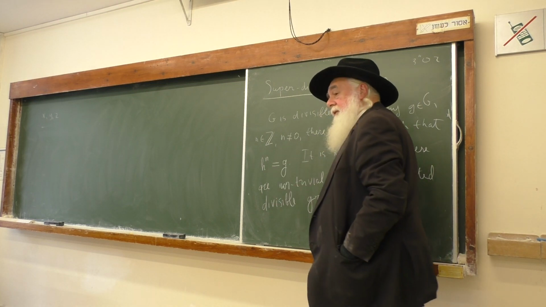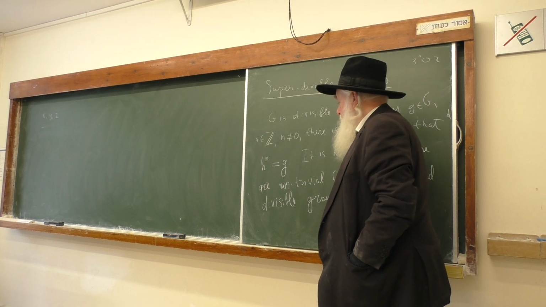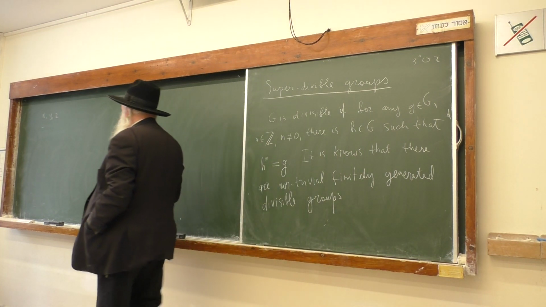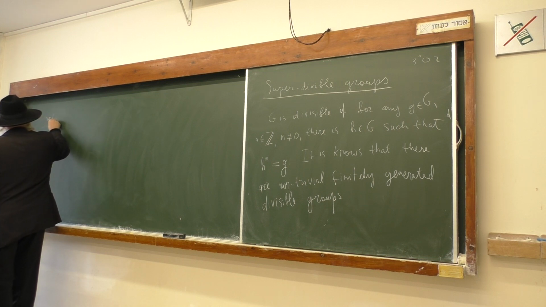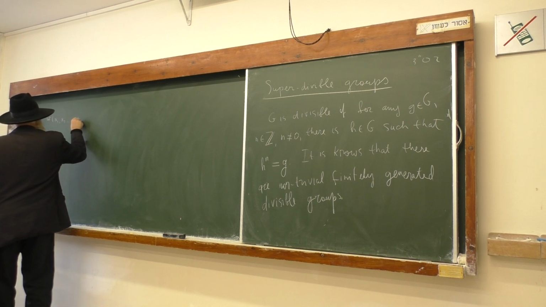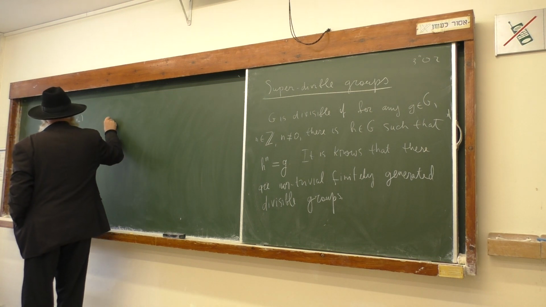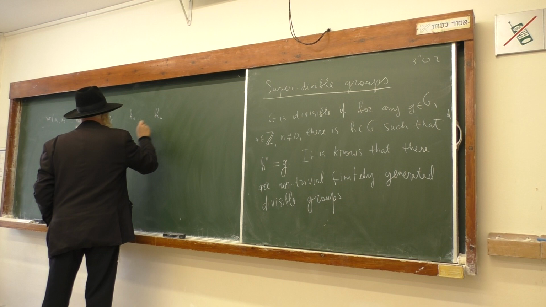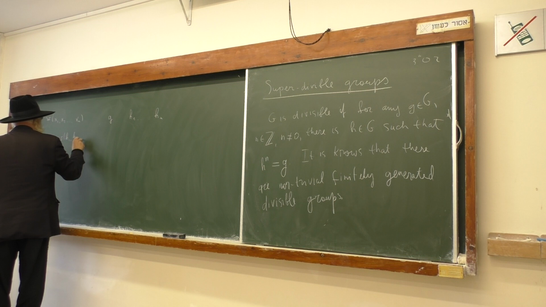Now, I will continue after the break. What I have to say is that we can take any word W of x1, x2, ..., xn, and ask the question for a given element g, whether we have such h1, ..., hn that W of h1, h2, ..., hn is equal to g.